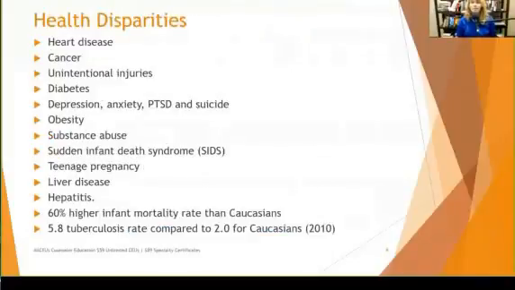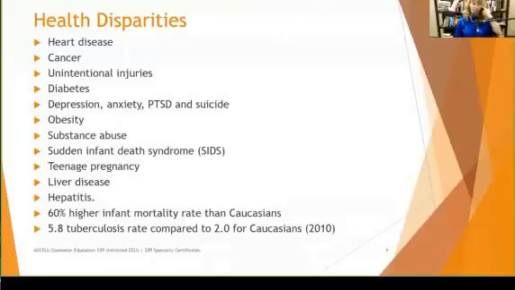Health disparities. If you're not physically healthy, it's harder to be happy and function at work as well. You're going to have more sick days and things like that potentially. So what are some health disparities? Heart disease, cancer, unintentional injuries, diabetes, depression, anxiety, PTSD, and suicide, obesity, substance use, sudden infant death syndrome, teenage pregnancy, liver disease, and hepatitis.